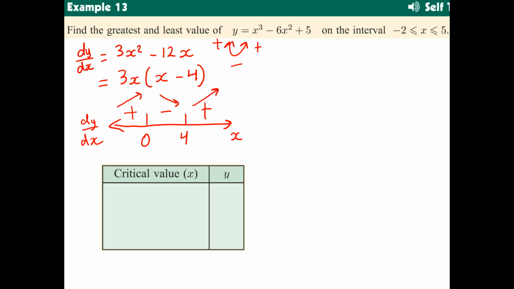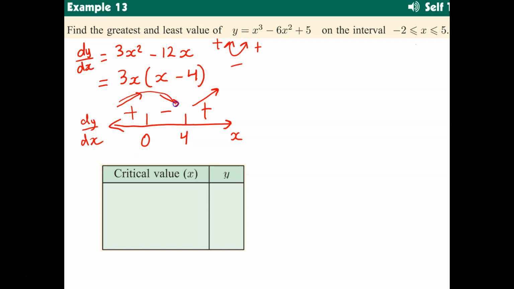We have a restricted domain here. So we have to find the y-coordinates of not just these points here, but also the y-coordinates of my endpoints. So how would you classify that particular point?